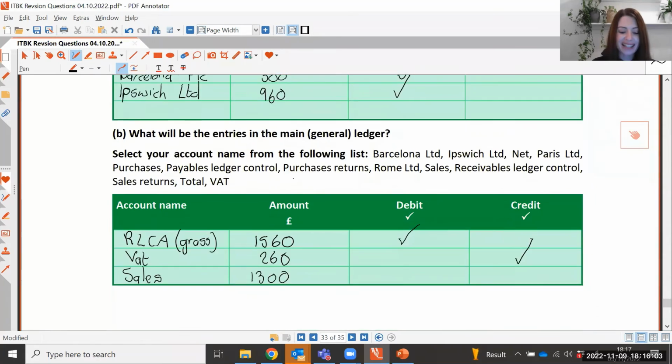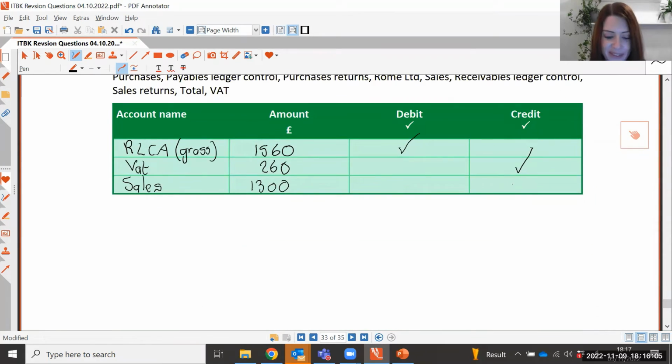A credit, excellent. Yeah, good. So remember, sales is an income account which falls into the credit side of our debit and credit. So when that income is increasing, we credit the account. So the total of our two credit entries should equal our one debit entry.